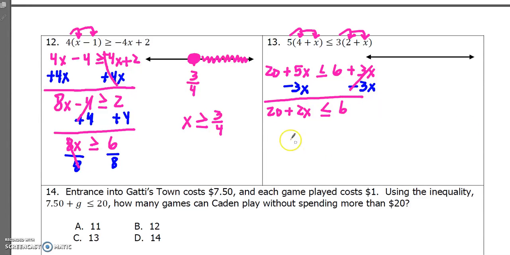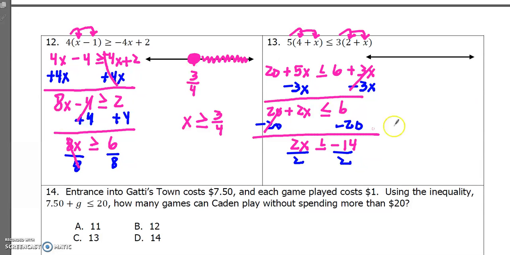Now let's move our 20 over, so I'll subtract 20 on both sides. So 20 minus 20, that is gone. It leaves 2x less than or equal to 6 minus 20 will be a negative 14. Then divide both sides by 2. So you know my question coming up, right?